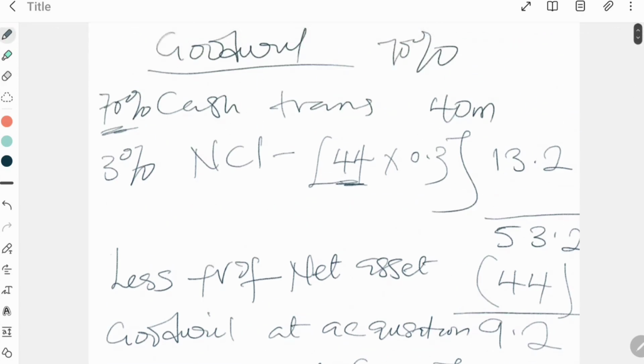As goodwill, let's recap. Goodwill is what you paid in excess, so you have to take into consideration all the consideration transferred, the payment you made to acquire this company, and then compare it with what the company is actually worth. The excess of what you paid over the worth of the company is called goodwill.